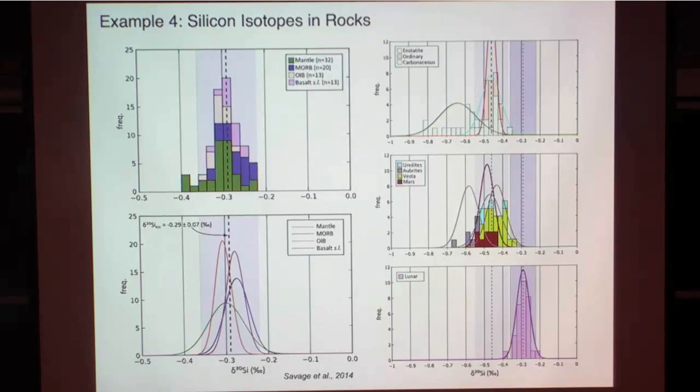The idea that we've proposed is that the light element in the core is a function of many things, including temperature, pressure, and oxygen fugacity. It's thought that Mars was not at low enough oxygen fugacity and doesn't have silicon in its core.